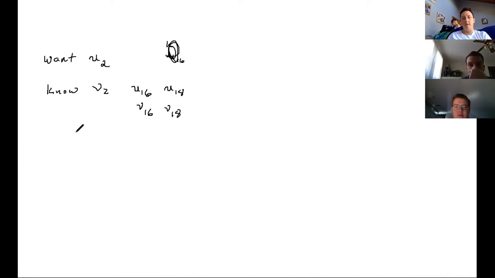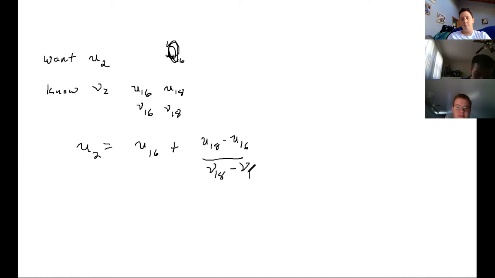And I'm going to use a point-slope formula to say U at state 2 equals U at 16 plus the slope, which is U at 18 minus U at 16 over specific volume 18 minus specific volume 16, times the specific volume I know minus, and since I chose 16 here, I have to use specific volume 16 here.